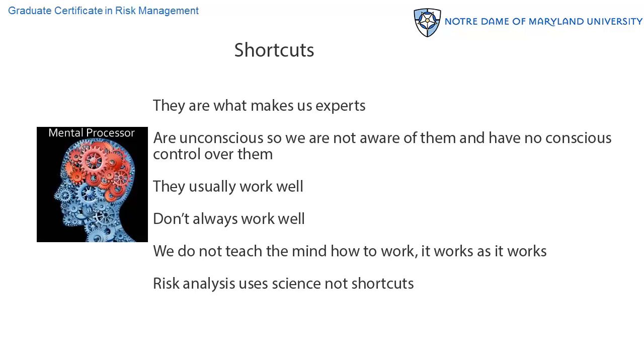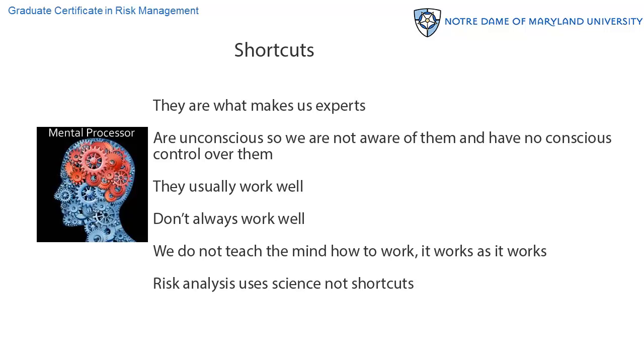If we're stewards of a public trust, like public health or safety, water quality, the environment, and the like, then that's a little bit different. These shortcuts usually work well, and as I've mentioned, they can make us experts, but they don't always work well. And that's where the problem comes in.